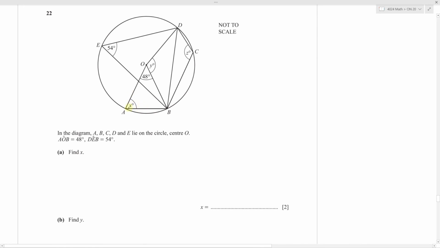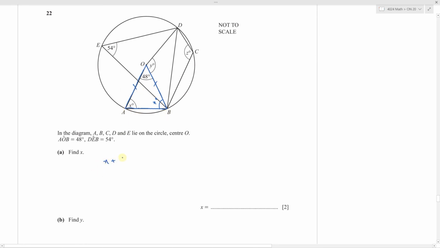So if you look at this triangle AOB, this is an isosceles triangle because OA and OB both are radii of the circle. So these two lengths OA and OB are equal because they are two radii of the circle. So if this angle is x, this is also x degrees. So now we know all three angles of this triangle AOB, which is an isosceles triangle.